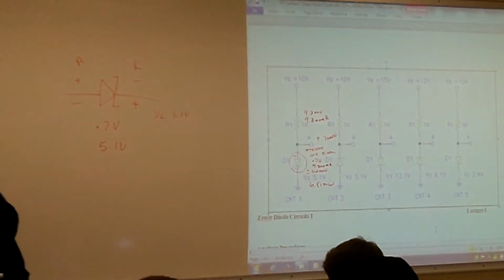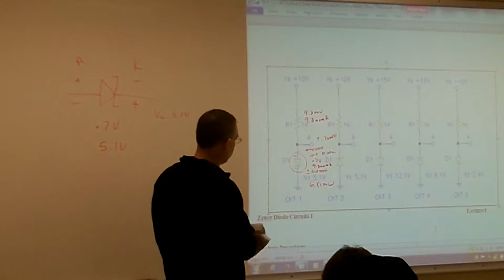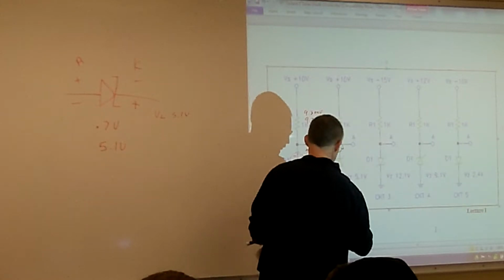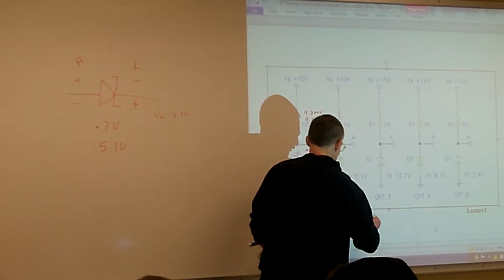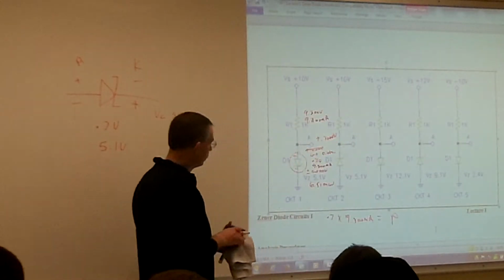All right, so to calculate power, what's I times E? You should be taking your 0.7 volts times your 9.3 milliamps. That equals your power.